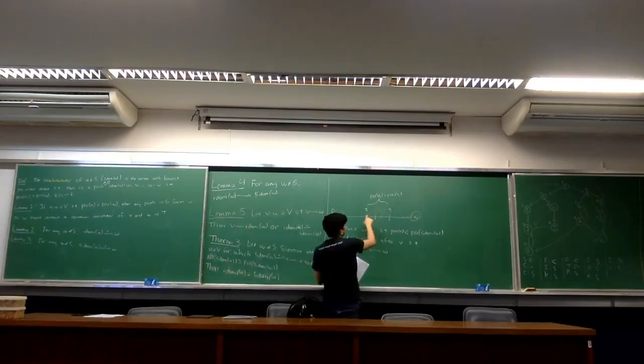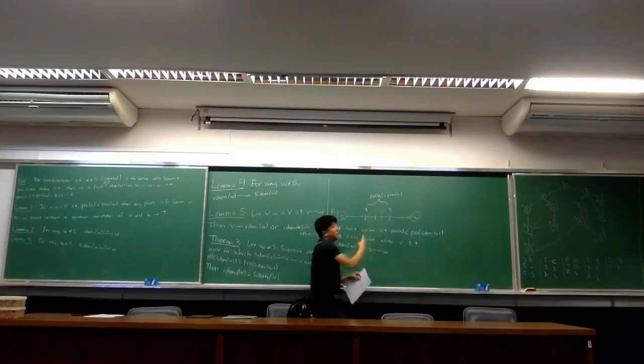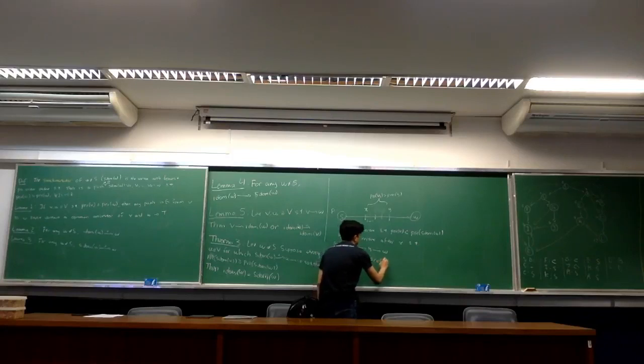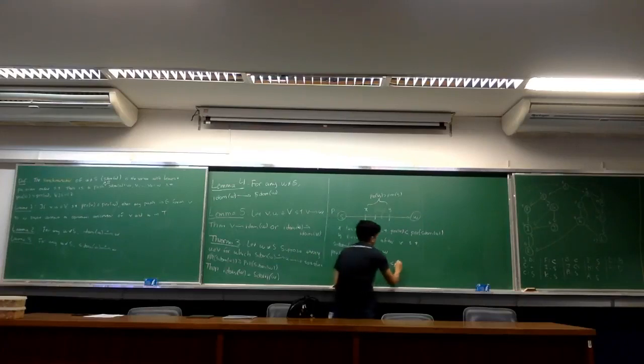Every path from X to Y has, as an intermediate vertex, someone who has a preorder that is greater than the preorder of Y. So it doesn't mean that X is the semi-dominator of Y, but X is a candidate for a semi-dominator, right? Which means that the preorder of the semi-dominator of Y must be less than or equal to the preorder of X, which in turn is less than the preorder of sdom of W.